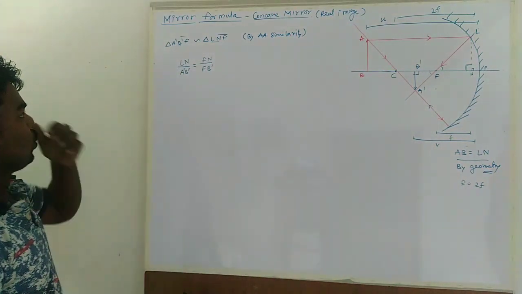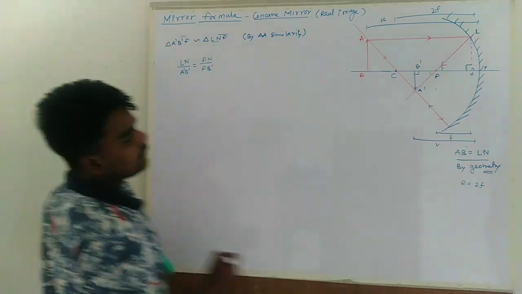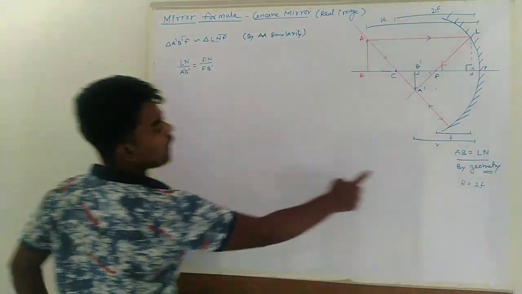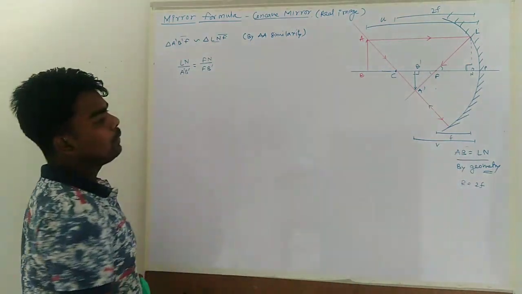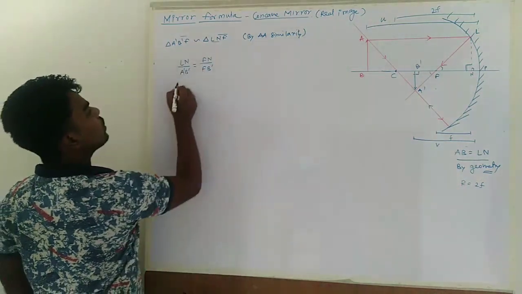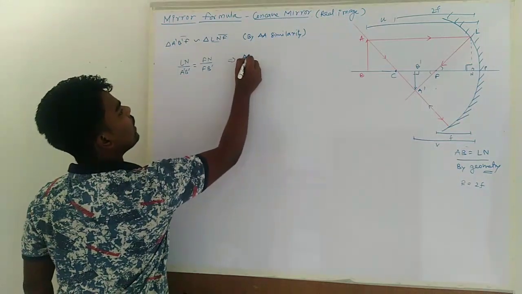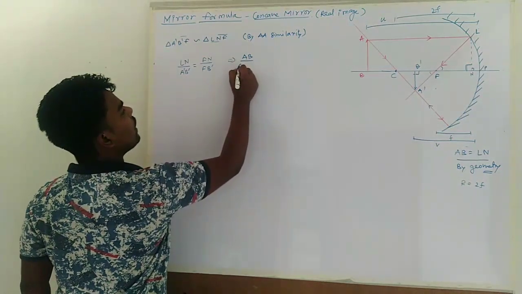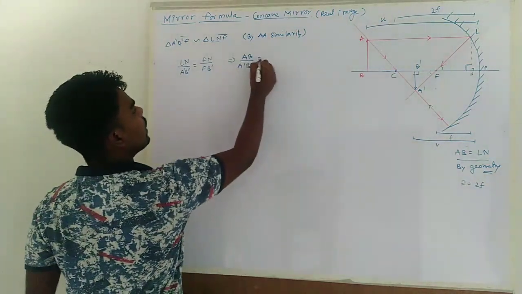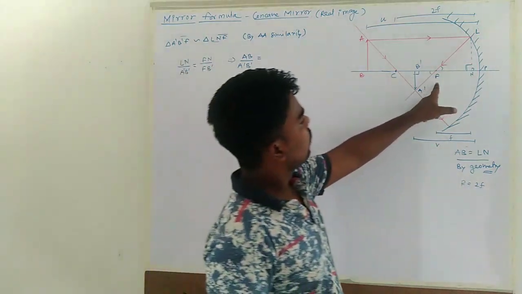Now here if you see this Ln, we can write Ln is equal to AB. So this can be written as AB upon A dash B dash. And second is Fn.